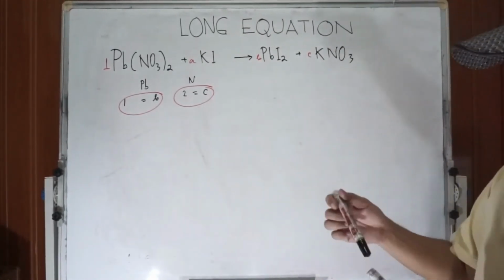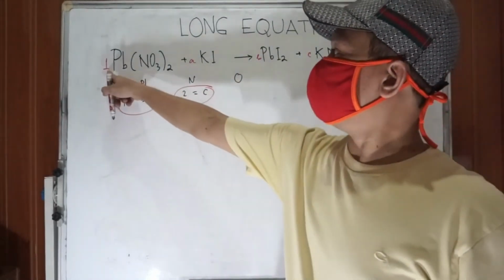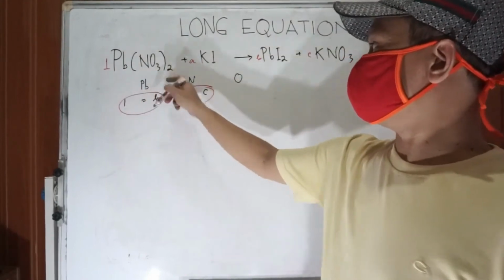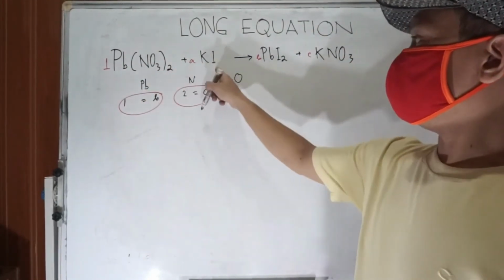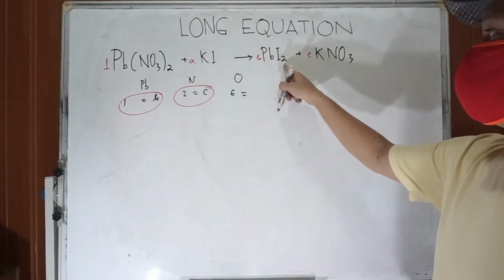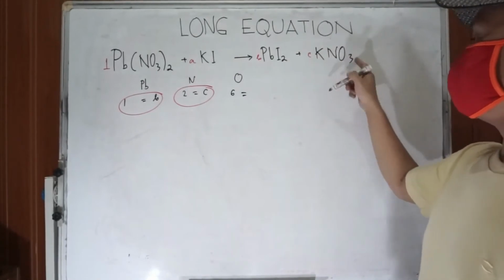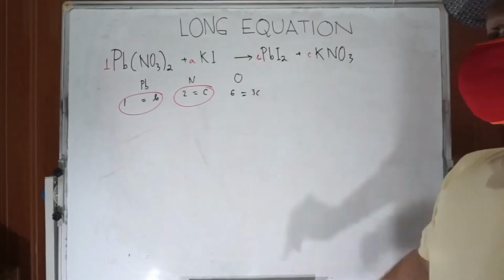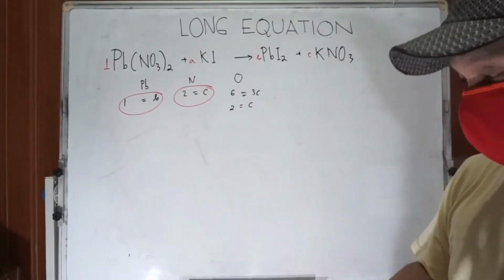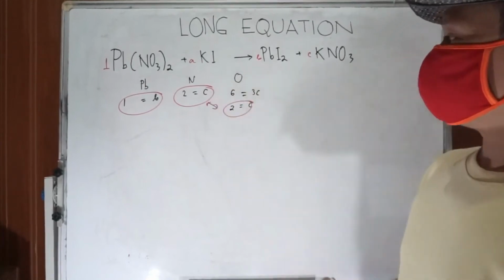Now is O. What about O? Okay, O. 1 times 3 times 2, you got 6. Here there is no O. Yield equal. Here you got O, C times 3, 3C. Right? So C equal 2. Got it? Same, right?